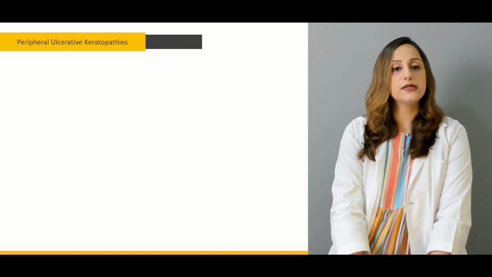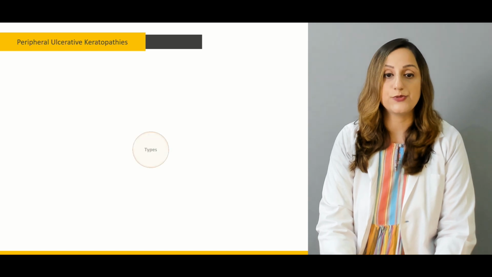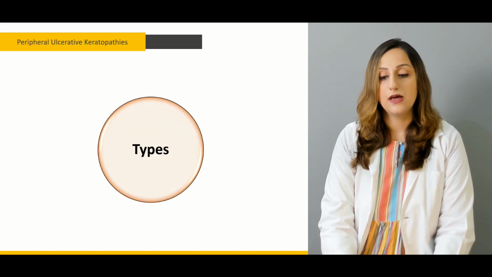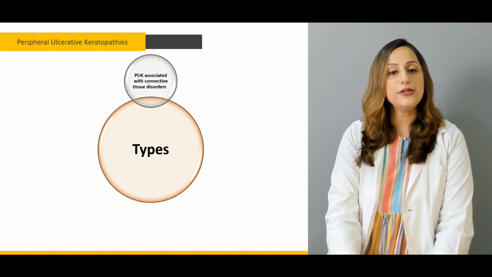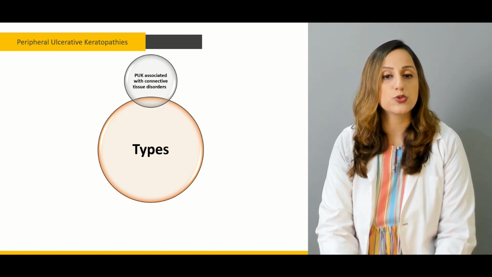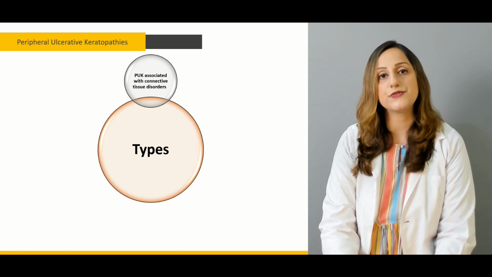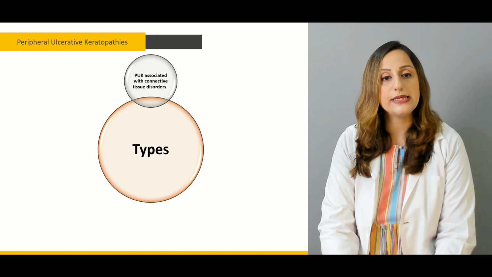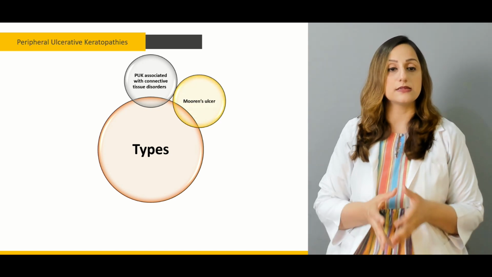Now we have another variety of the peripheral ulcerative keratopathies that we're going to observe. The types that we usually see here are the peripheral ulcerative keratopathy associated with connective tissue disorders. There are a lot of connective tissue disorders that usually present with this kind of keratopathy, even Mooren's ulcers.